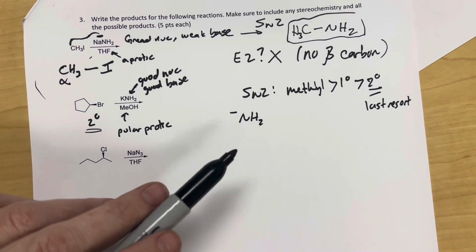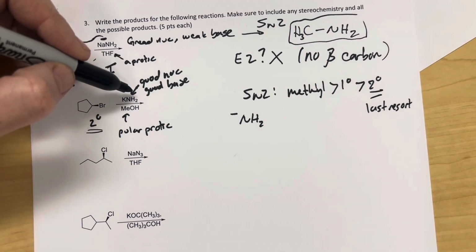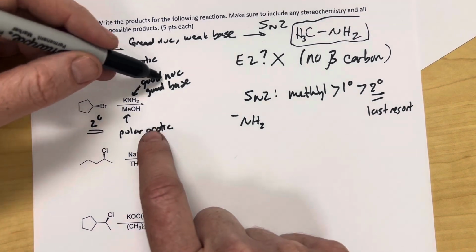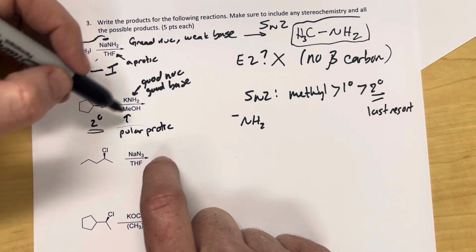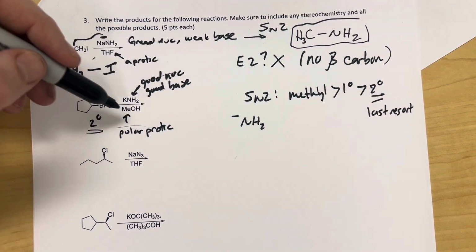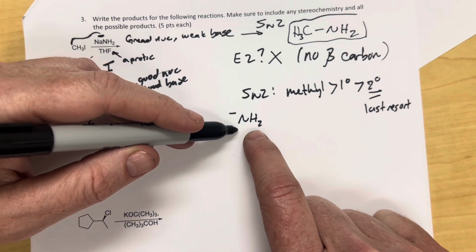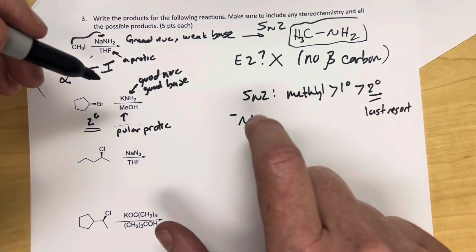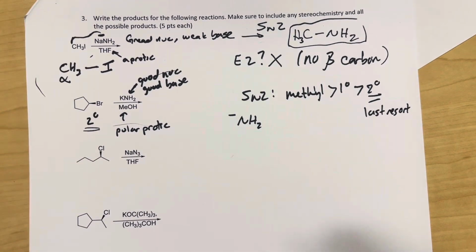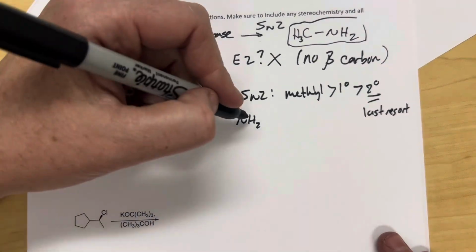Okay, so you're looking at this thing in two different ways. You have a good nuke, but it's a polar protic solvent. So those two things automatically kind of cancel each other out, right? You're thinking maybe it could be SN1, but the most important thing is you have a very strong base. So the only thing that can happen is this thing is going to come in and grab a beta hydrogen. I'm going to go through that one more time because I know I did a bit of a poor job.